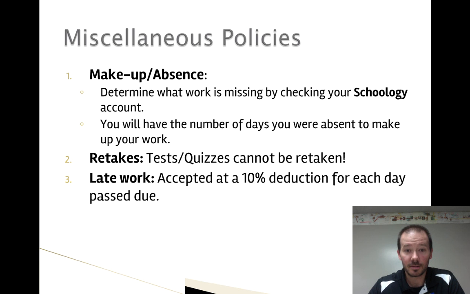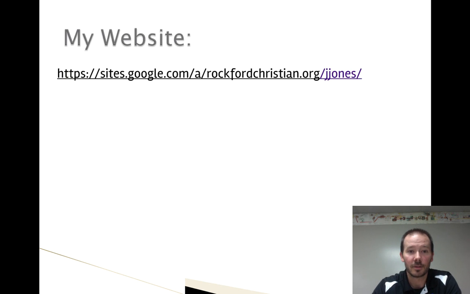As far as retakes, tests and quizzes, you basically get 1 shot at those. So they cannot be retaken except on rare occasions when I might let the whole class retake maybe a quiz or something like that. And then late work, I will accept work late, but it'll be a 10% deduction for each day that it's past due. So those are the miscellaneous policies.